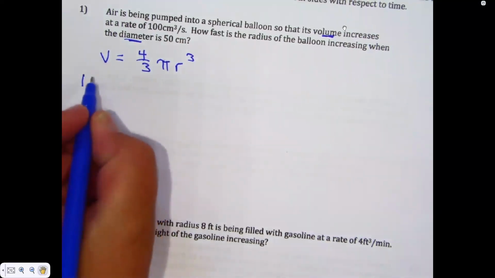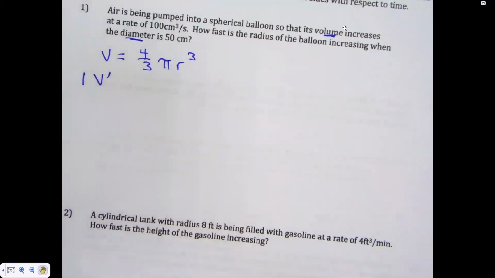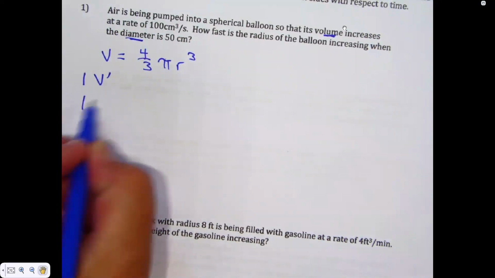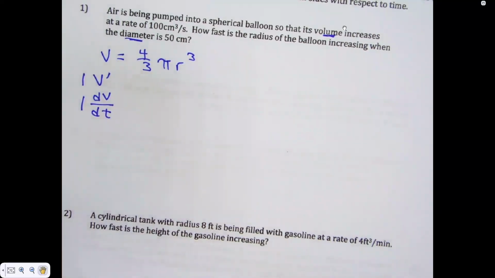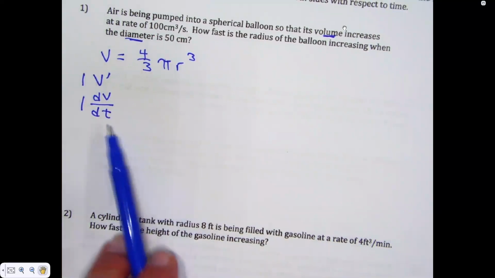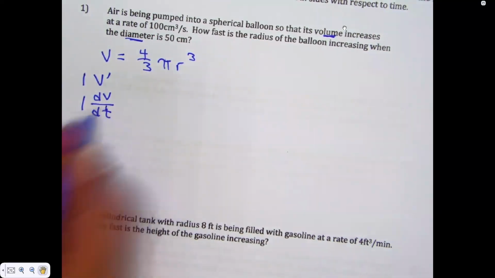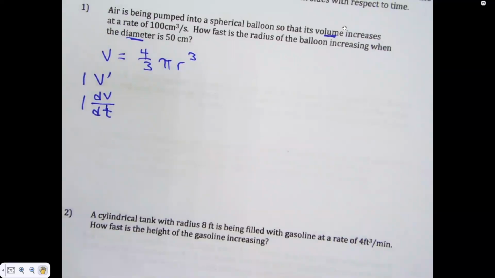We could write this as v prime, but I kind of like to write it like this because we're doing the derivative of volume. But remember, we're actually doing it with respect to time. T is time. And that reminds us that because of this t, the answer isn't 1. We have to take it with respect to time.